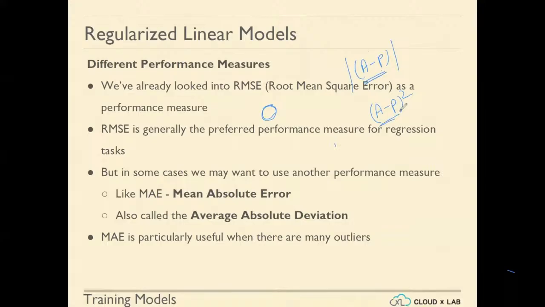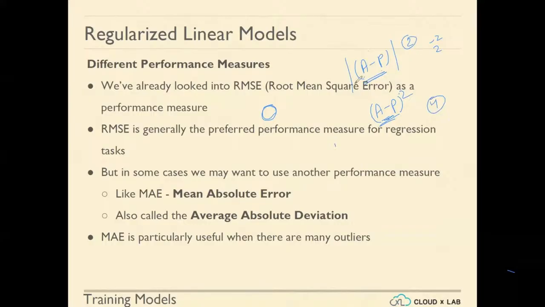So if we have many outliers and we take root mean square error, it will magnify this difference. Let's say actual minus predicted is -2. If you take the absolute value, the magnitude is 2 only, but if you take the square, the magnitude becomes 4.